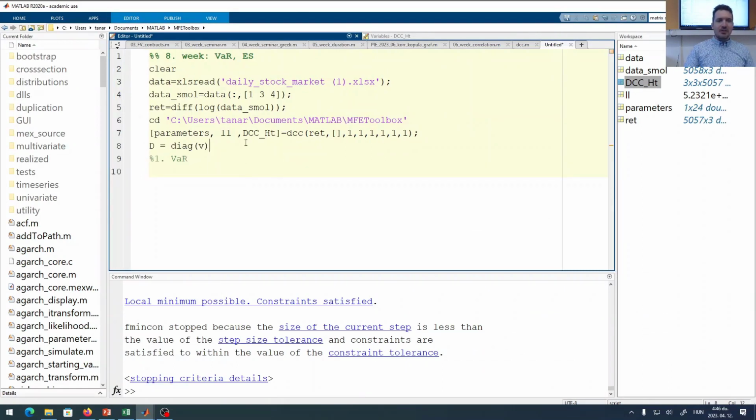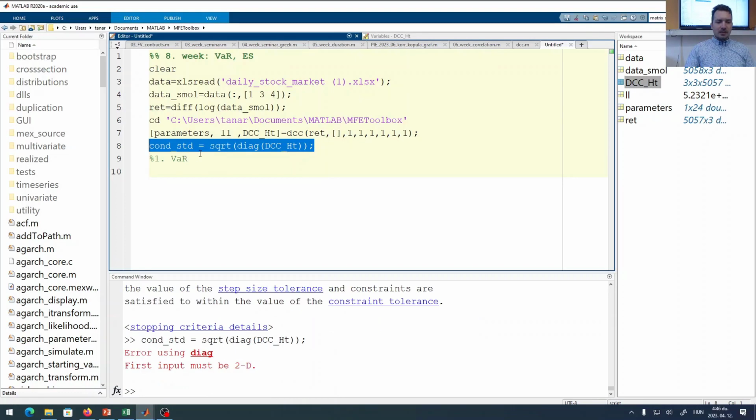Still, this is the preparational phase. Conditional STD, so we still have to take the square root of it as sqrt. And then we have everything ready, until this thing is not working.